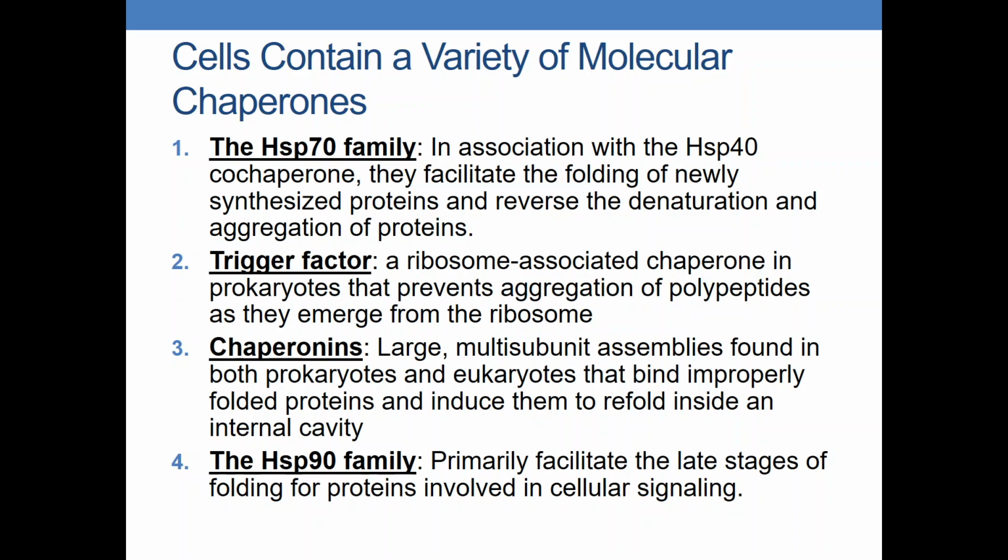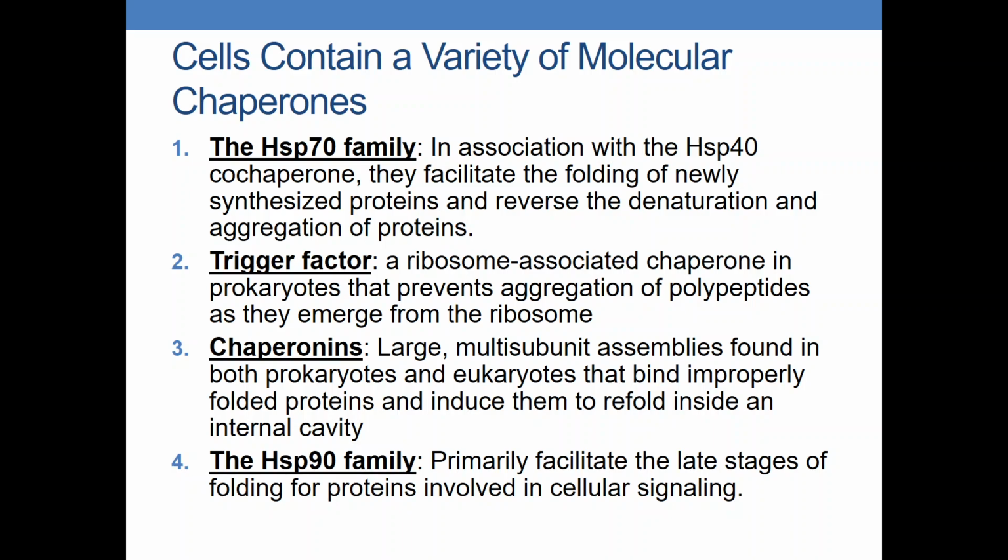So the naming here tells you something about the size of the protein, the molecular weight of the protein. HSP70 proteins, as you just saw in the previous slide, function in concert with the HSP40 co-chaperone, and they effectively facilitate the folding of newly synthesized proteins and reverse denaturation and aggregation of proteins that were generated under stress conditions or just under the normal conditions that might promote that due to marginal protein stability.